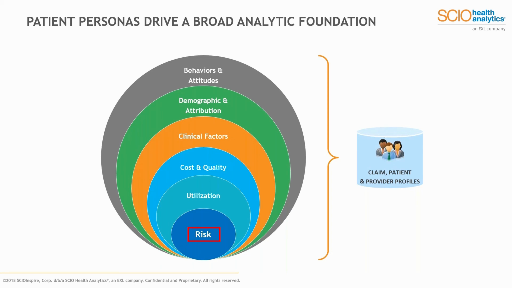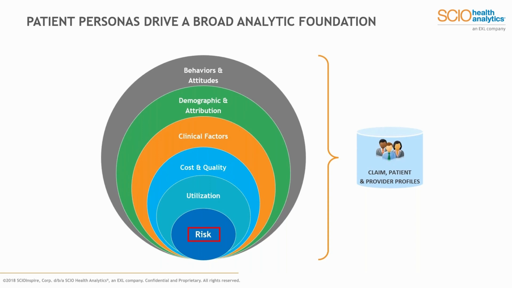Obviously, in today's world, that would be a large number of patients across the U.S. They have similar socioeconomic and demographic attributes, similar cost and quality attributes, clinical factors, etc. So they look and feel the same. So there's a batch of patients that you can presumably say have the same behaviors and attitudes, that you can message to or look toward to drive care in a better direction.